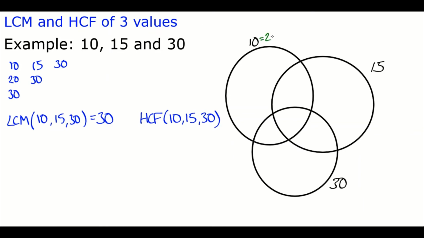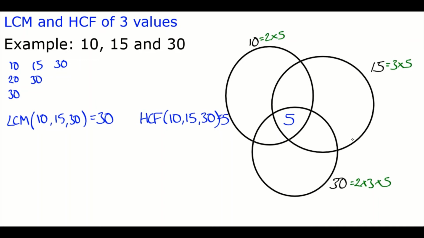So 10 is 2 times 5 when it's got its prime factors. 15 is 3 times 5 and 30 is 2 times 3 times 5. Okay, is there anything that is on all 3 lists? So 2 is not in there, so that's not. 5 is, oh yes, 5 is on all 3 lists. So there's 5, and that is our highest common factor in the middle there.